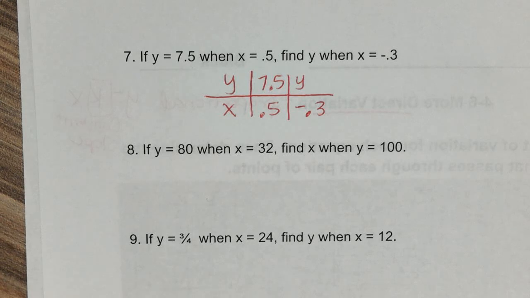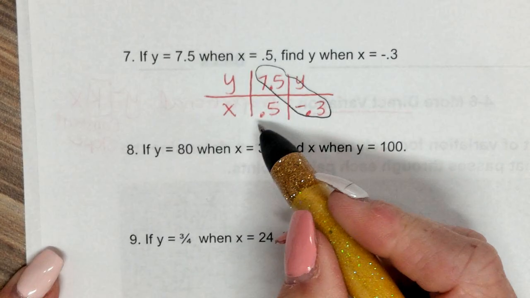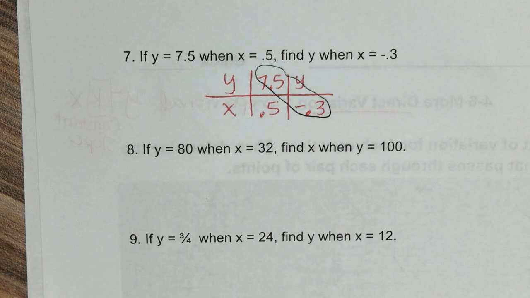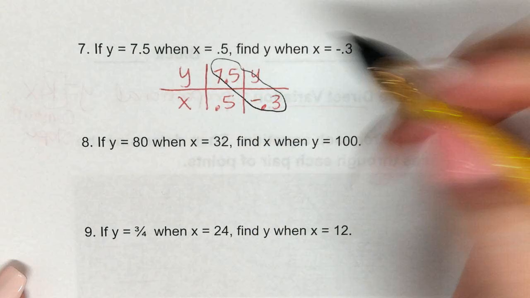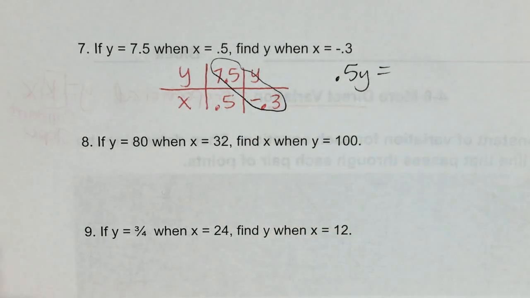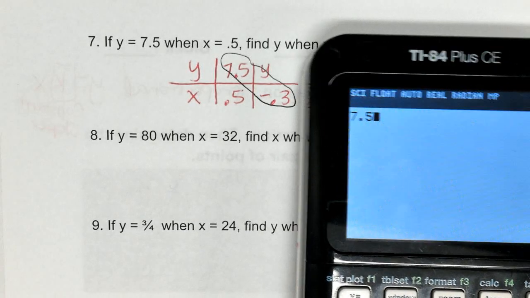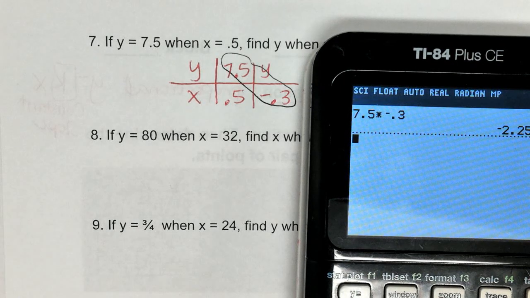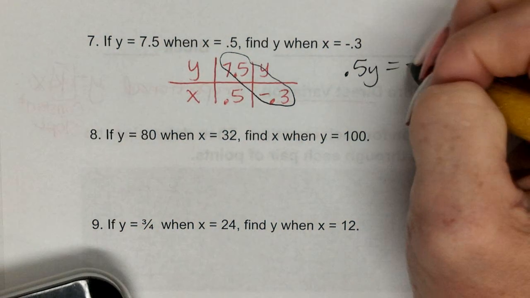Now, for my regular math students, what I tell them to do is cross multiply and divide by the leftover number, which is absolutely correct. But just so y'all know, you're actually cross multiplying and setting up an equation. So you're doing 0.5 times y equals 7.5 times negative 0.3, which I need my calculator to do that one. 7.5 times negative 0.3, which is negative 2.25.